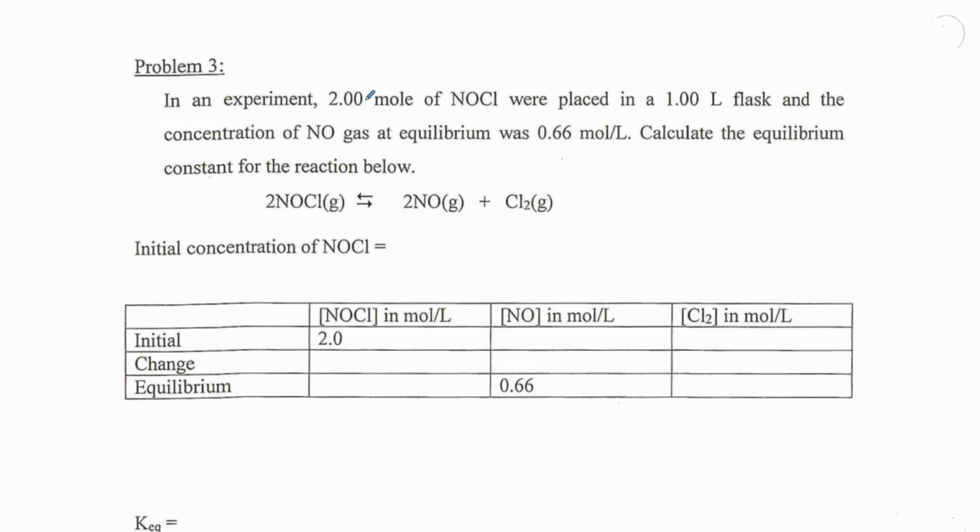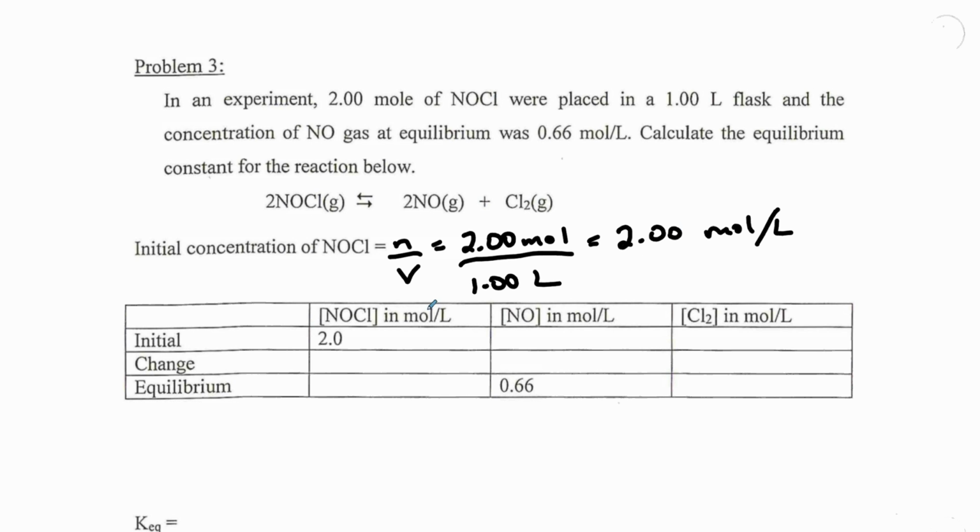So we weren't told the initial concentration, but we have enough information to find it. So we're going to use C equals N over V. We've got 2 moles and we've got 1 liter. So we've got 2 moles per liter.